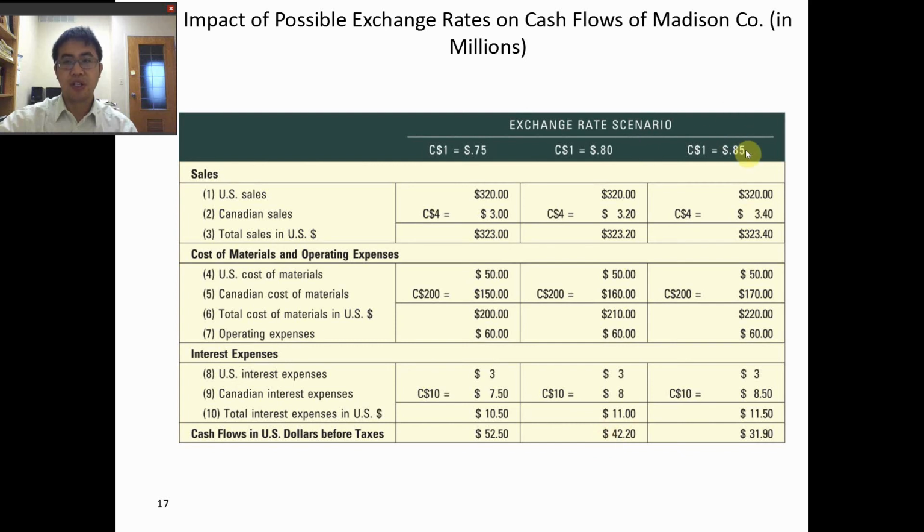And when Canadian dollar appreciates to 0.85, then your dollar cash flow is going to be reduced. Okay, so that's basically the relationship between the Canadian dollar exchange rates and the US dollar cash flows.